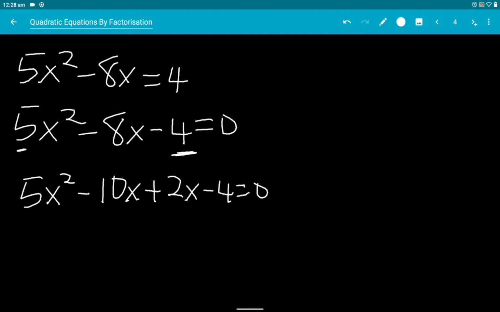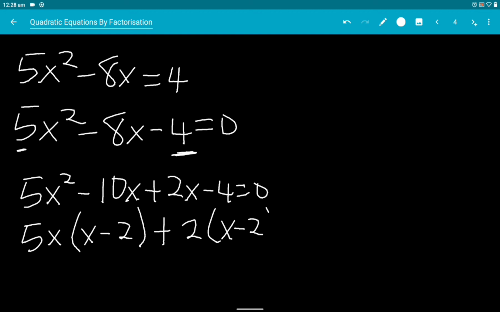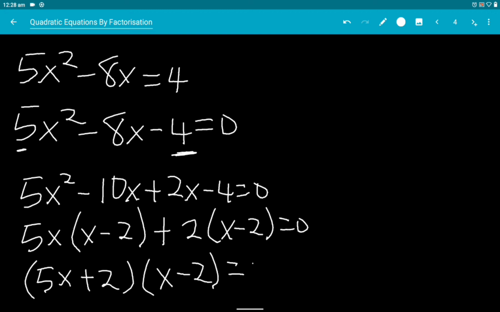From here, I can factor out the common terms. Between 5x squared and 10x, I can factor out 5x, then in bracket x minus 2, plus between 2x and 4, 2 is common, so I factor 2 out into bracket x minus 2, is equal to 0. I then group them, so I have 5x plus 2 and then x minus 2 is equal to 0.